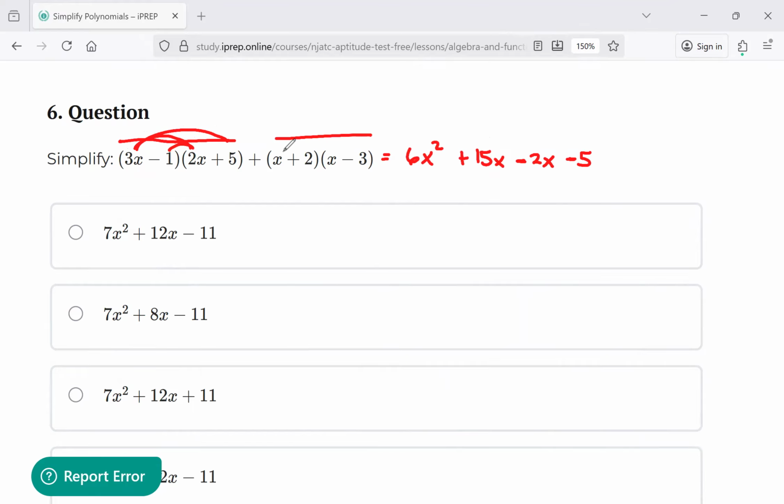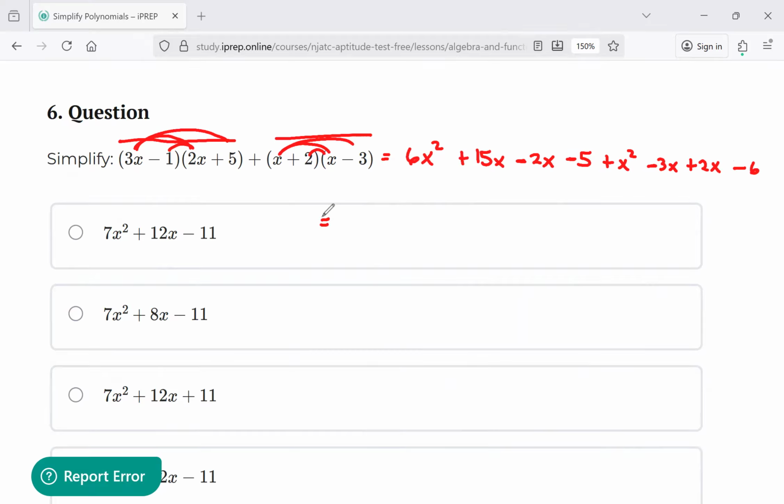Okay, now let's do this part here. So x times x is x squared. X times negative 3 is negative 3x. 2 times x is positive 2x. 2 times negative 3 is negative 6.